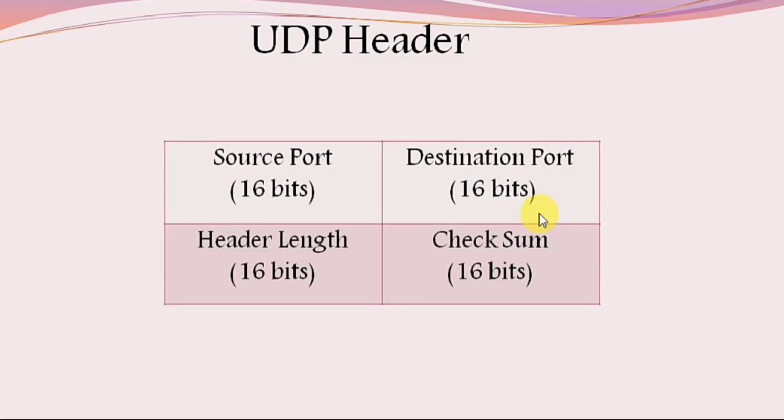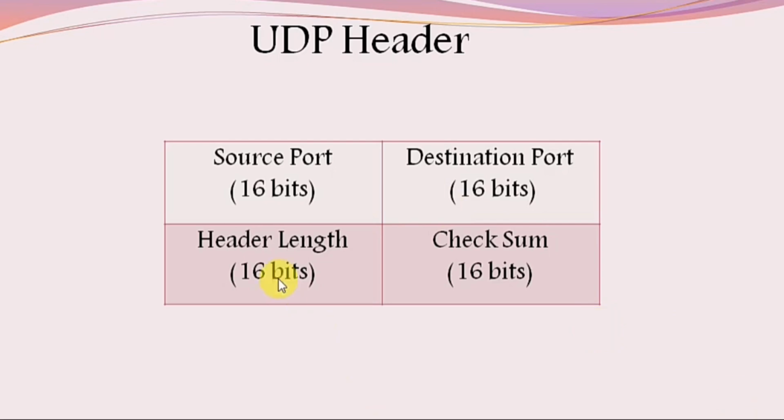In that range, from 0 to 1023 the port numbers are used as standard port numbers, whereas from 1024 to 65535 those port numbers are used for sending or transmitting the data to the receiver. So this is about the source port and the destination port. It is also a byte streaming protocol, same as TCP.